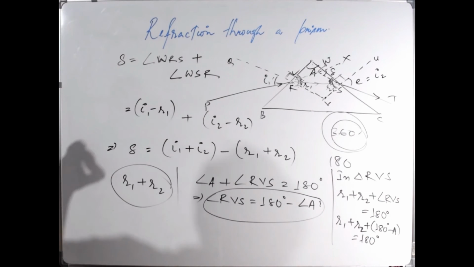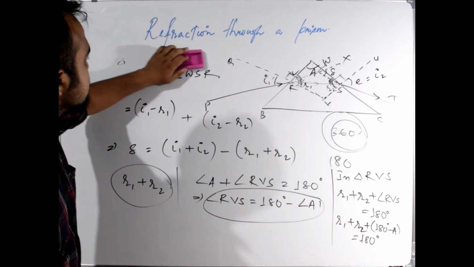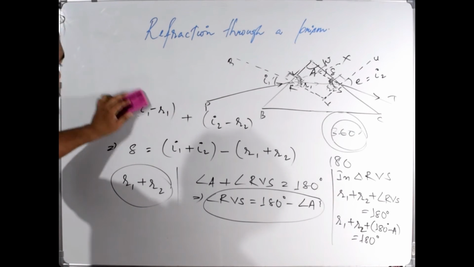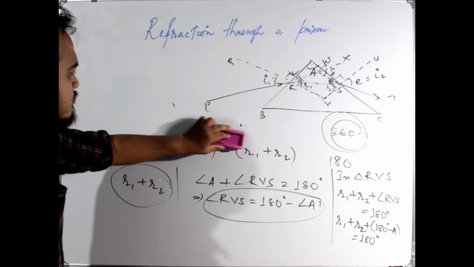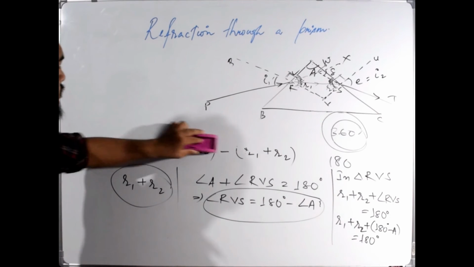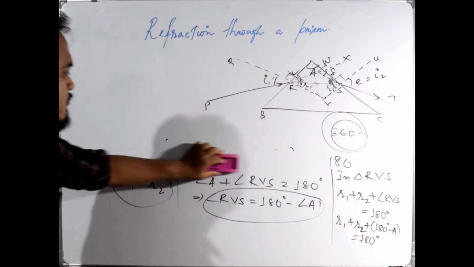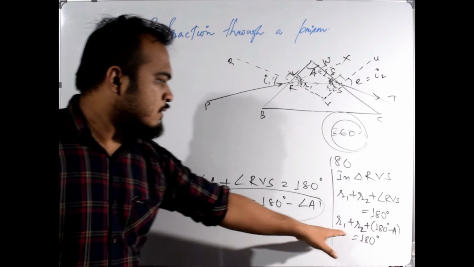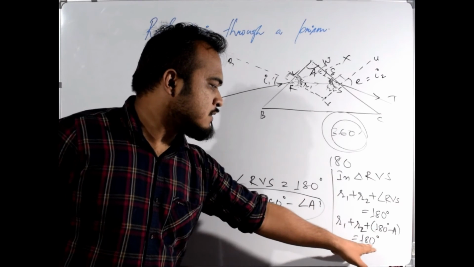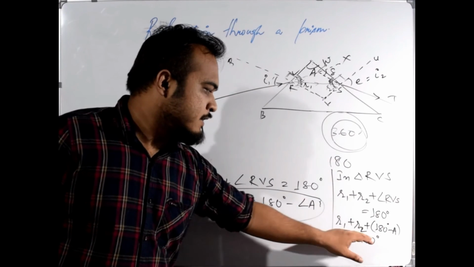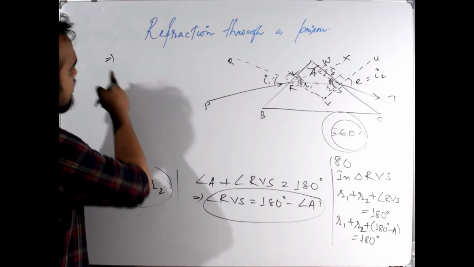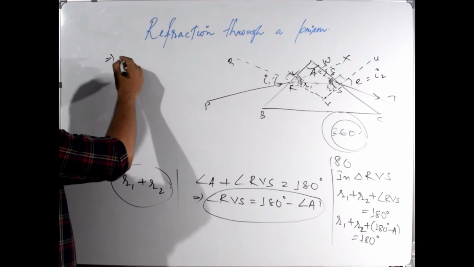So I am rubbing this portion. Now this equation can be written as, I am writing from here to here because I don't have space over here.